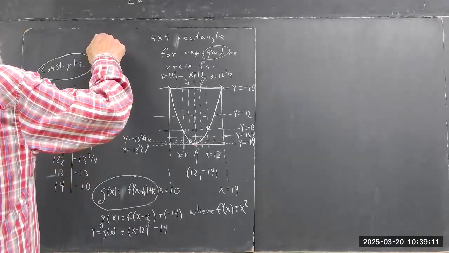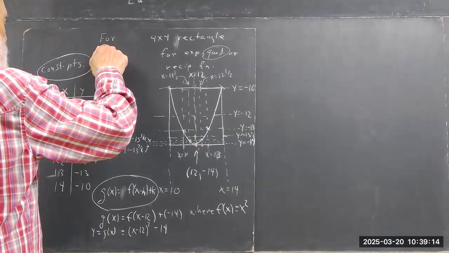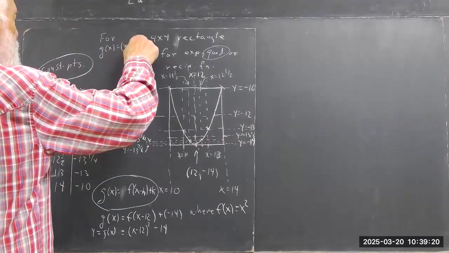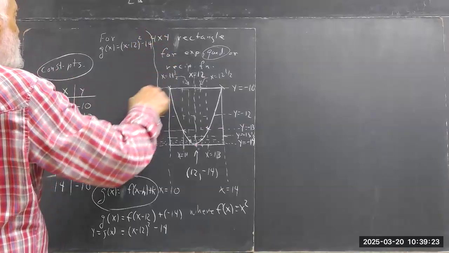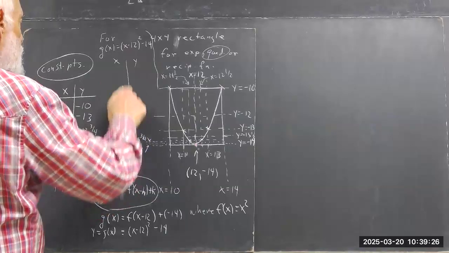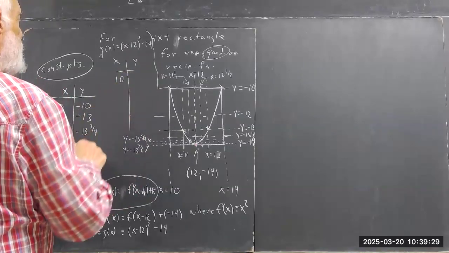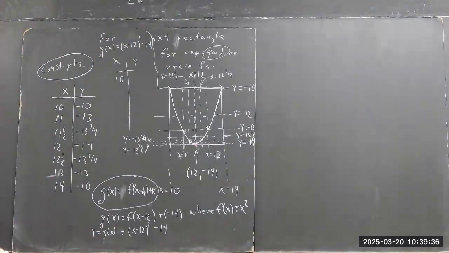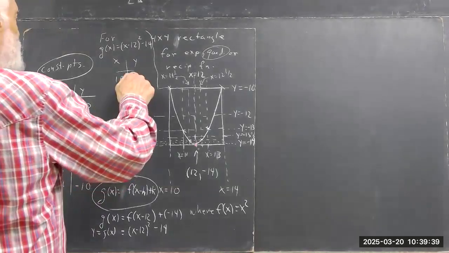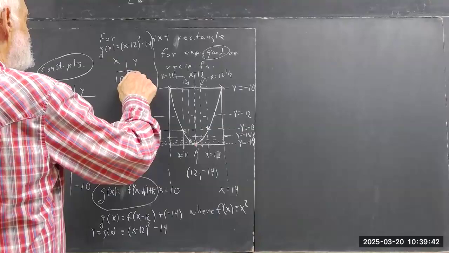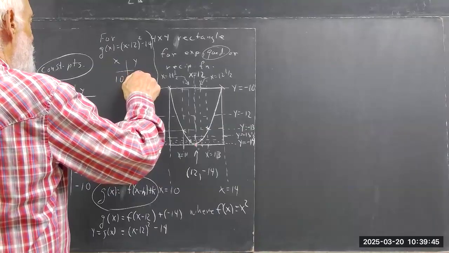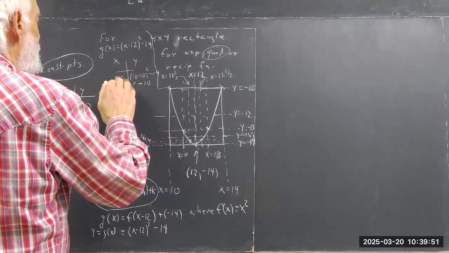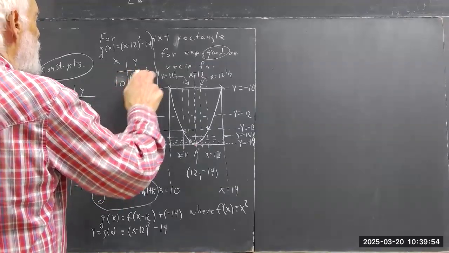So x is 10, y is 10 minus 12 squared, which is 4, and 4 minus 14 is negative 10. So it's 10 minus 12 squared minus 14, which comes out negative 10. So for x equals 10, we have this calculation.